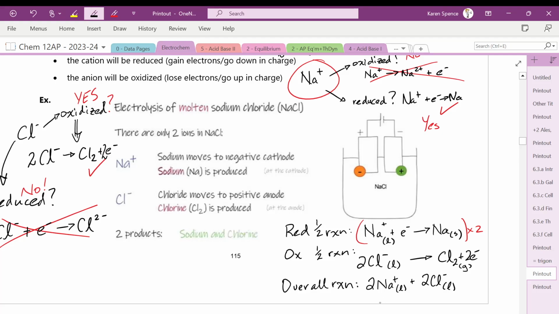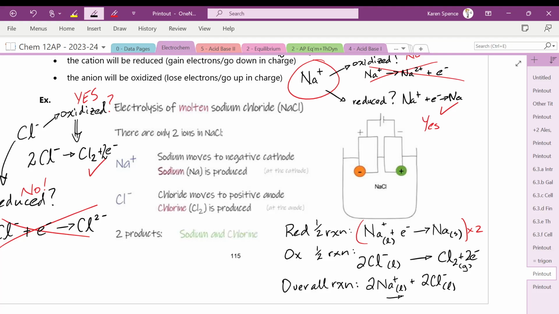Why is it liquid? Because, I mean, you could write it as NaCl liquid, but in NaCl liquid, I think personally that the ions are separate from one another. They are flowing around independently of one another, because that's the whole point of it being a liquid.